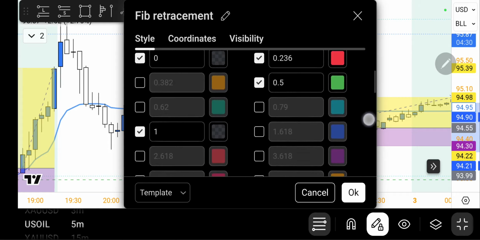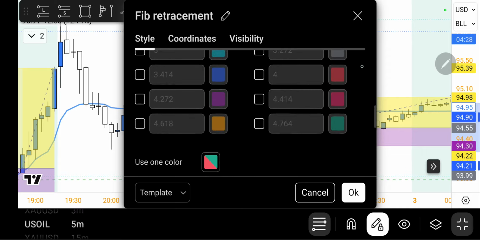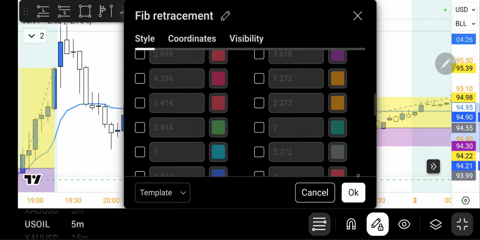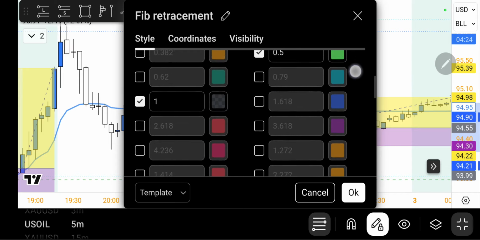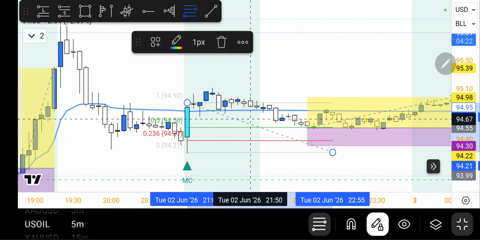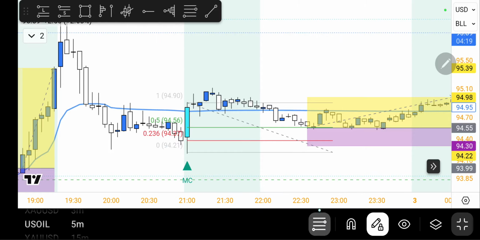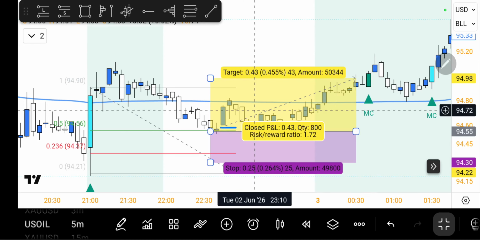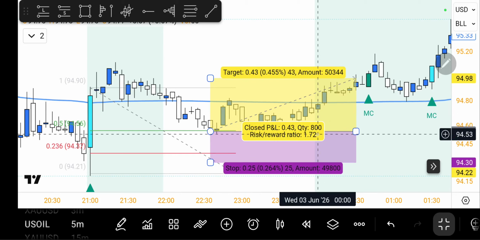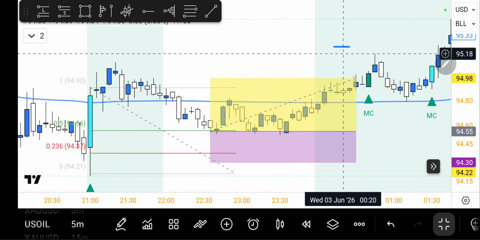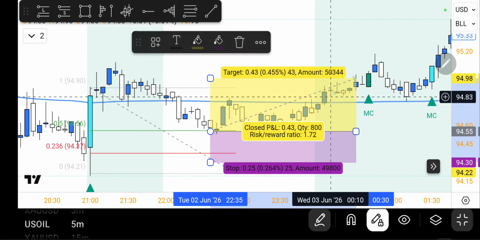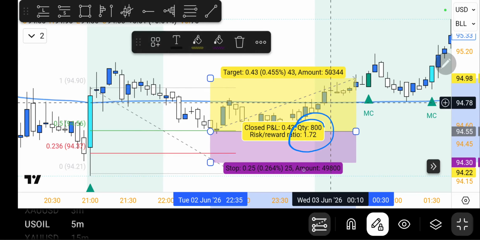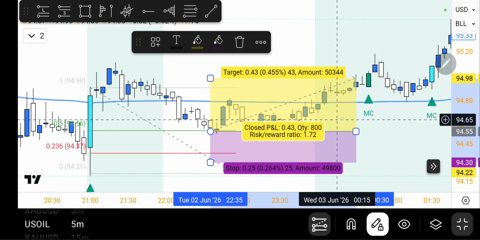This is the only setting I use. Every other thing is turned off, as you can see. So this is just my set, so you can pause and take that. And then I just waited for a buy entry at the 50% level. I got in there, and once again I got my 1.7, and that was a good trade.